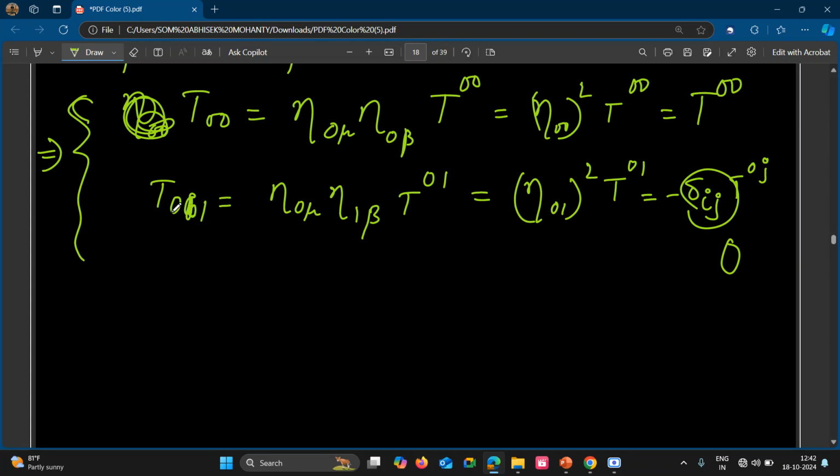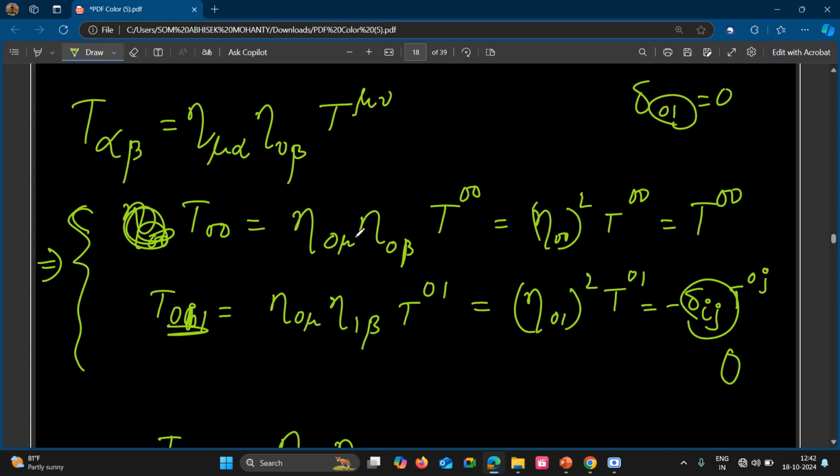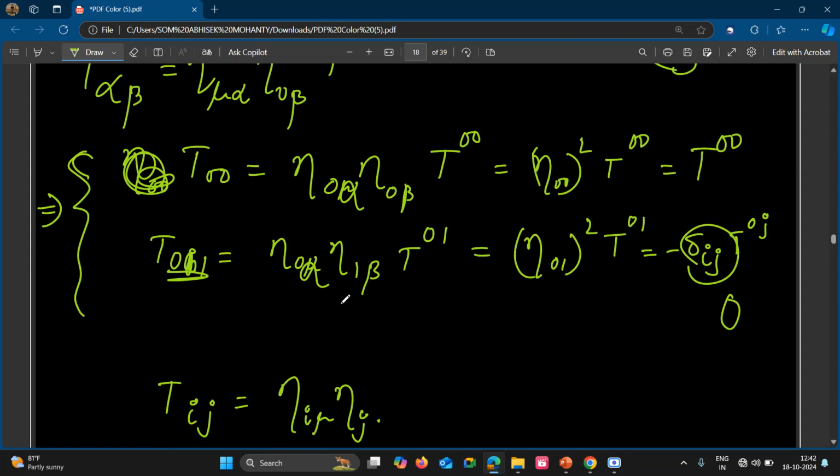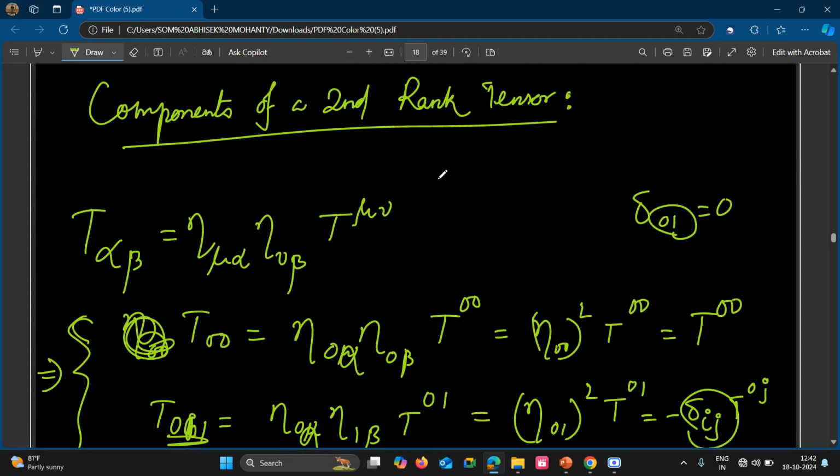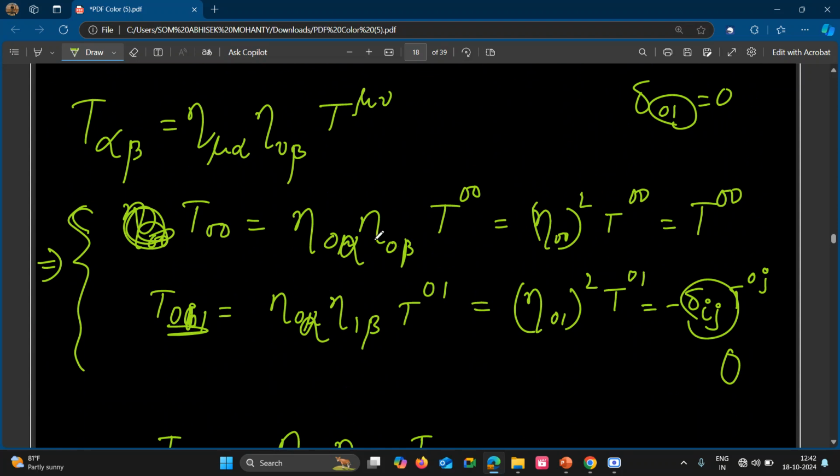Okay, only when these are equal will we have something like Tij. We can write Tij is equal to eta I alpha eta j beta, sorry, we're making a mistake here. This is alpha, sorry. Eta I alpha eta j beta. Sorry, my bad.